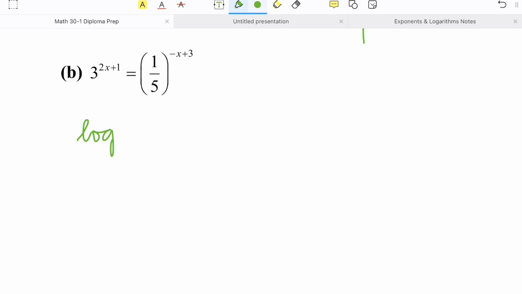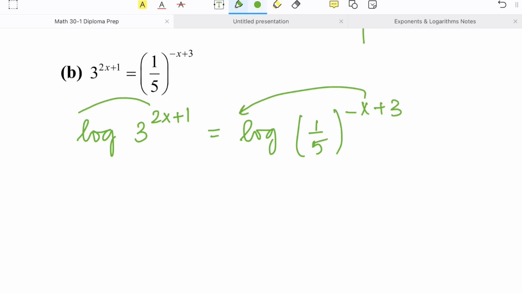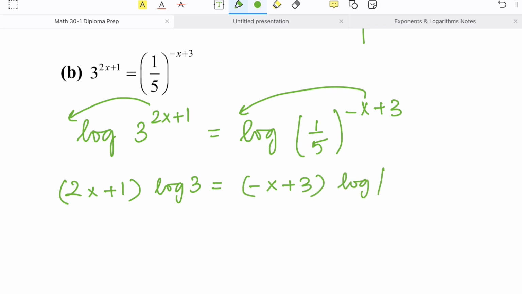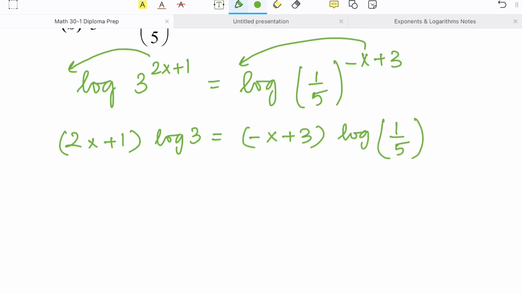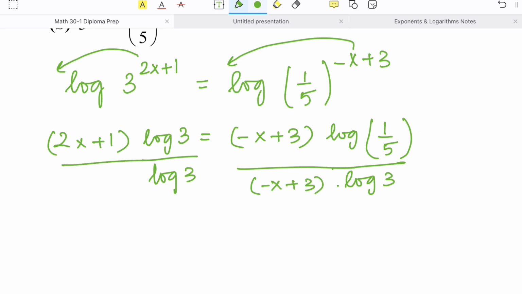So we do log on both sides. Bump and shuffle. 2x plus 1 times log 3 minus x plus 3 times log 1 over 5. Divide both sides by log 3. And also, let's divide it by negative x plus 3, because we want our variables on one side, right?